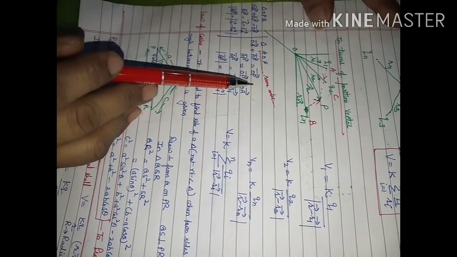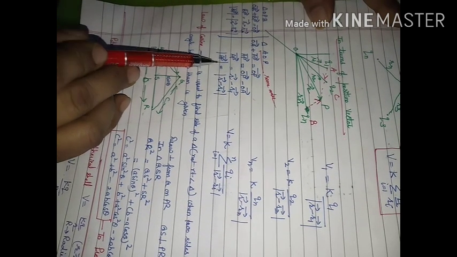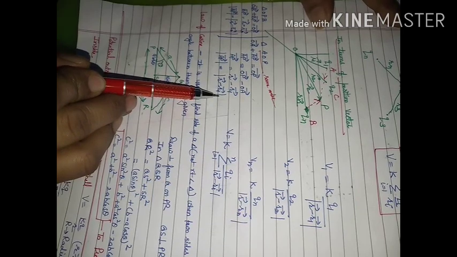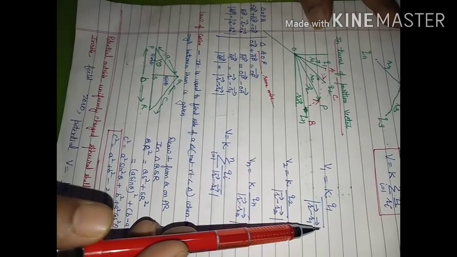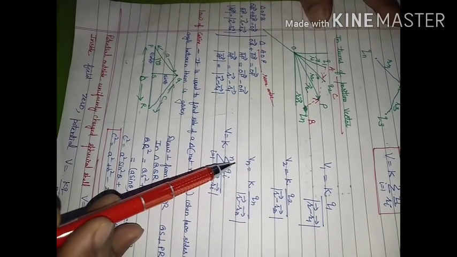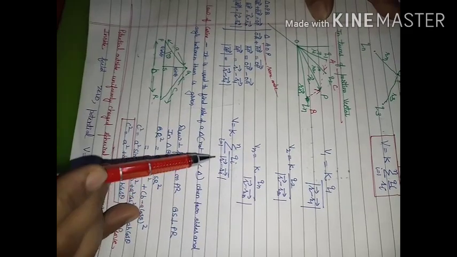When I shift this side and put the value, the magnitude of AP will be magnitude of r minus r1. Similarly, you can find the magnitude for rn, and when you put the values for V1, V2 and Vn and add them, you will get this relation.